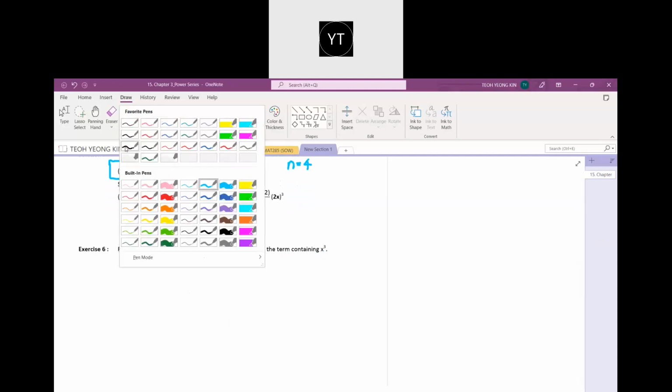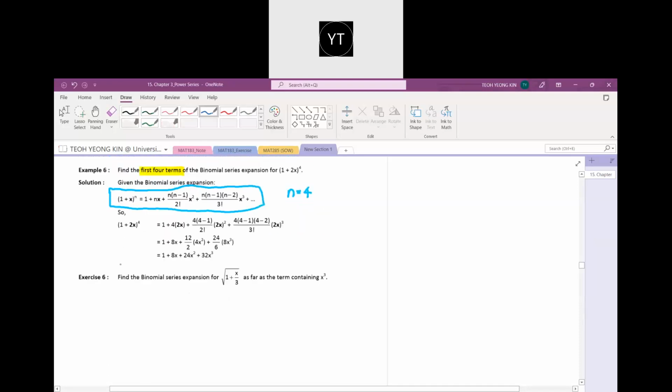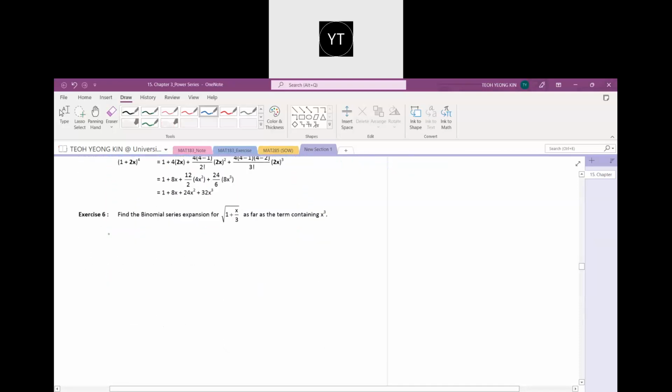Like I always mention, it is better that we know how to write the formula. Let's say (a + x)^n. The first term is a^n plus, and then, just multiply n to the front, we have n times a^(n-1) over 1 factorial, and then x.